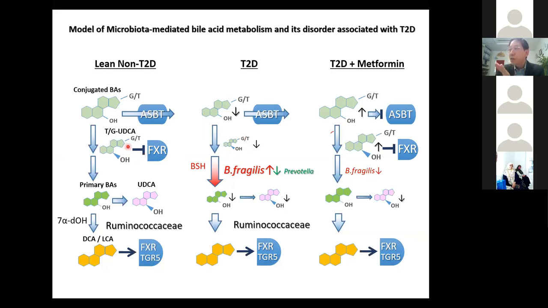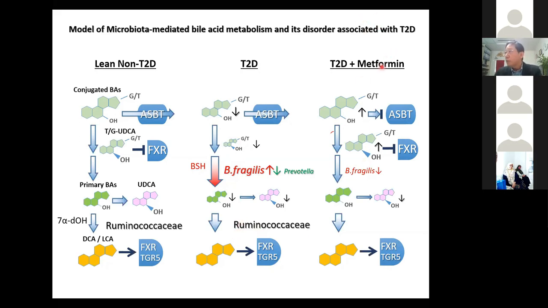And conjugated bile acid is also very important to control the receptor activation, okay. But in the T2D patient, less conjugated bile acid has a bad effect on the receptor activation, okay, due to the loss of the conjugated bile acid.